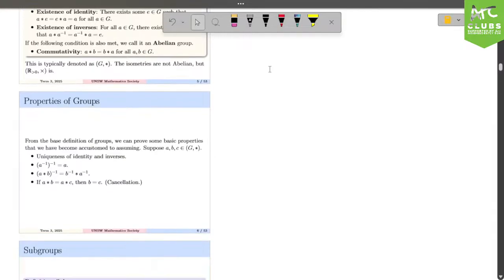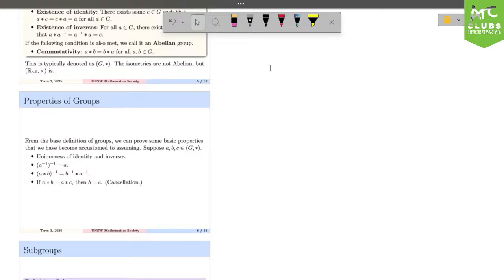Yep. Okay. So next are the properties of groups. You remember from the assignment, hopefully, that the identity, when we have it in a group, is unique. Do we all remember? Do I need to go through it again?